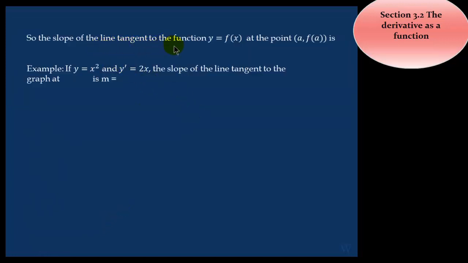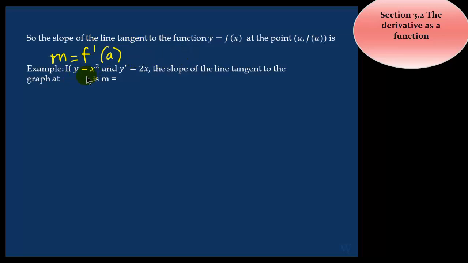So the slope of the line tangent to the curve y equal to f of x at a generic point A is equal to m, which is f prime at A, or other notations that were used in the previous slide.